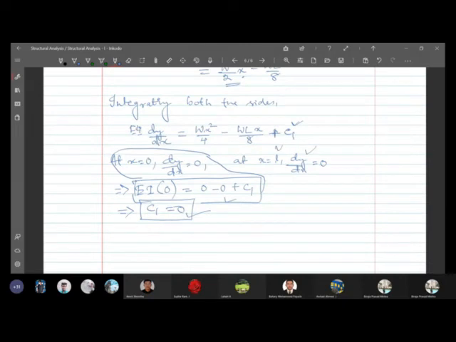Now we have only carried out one integration. Still we don't know the value of y. So again we integrate that one.